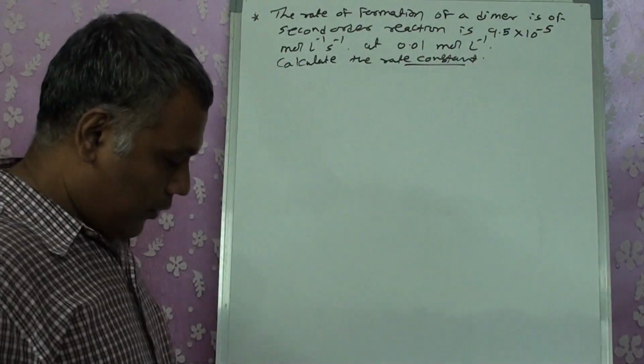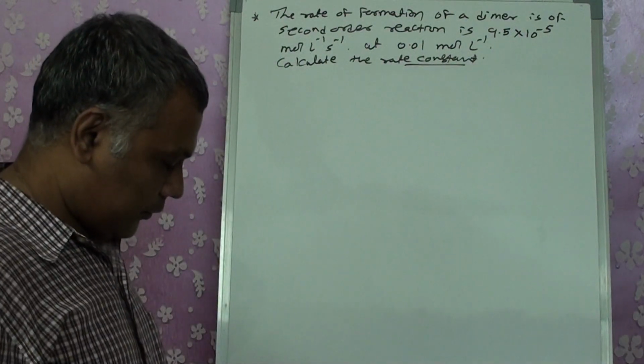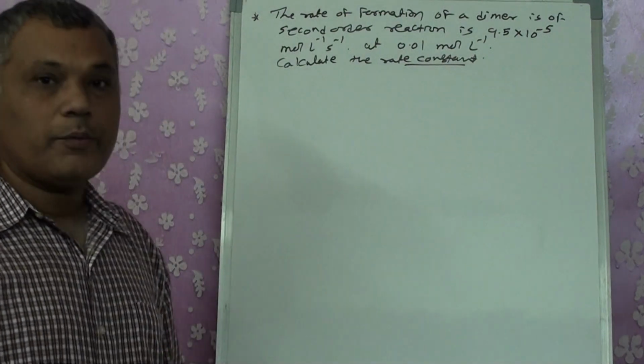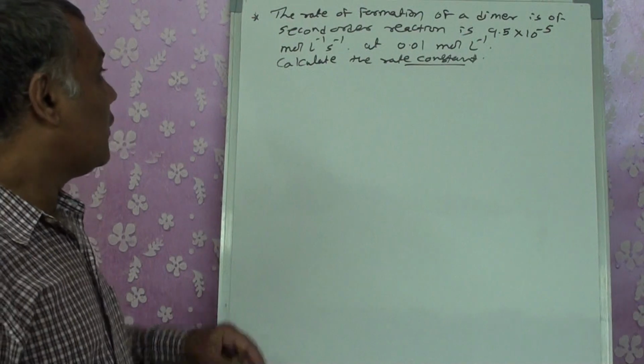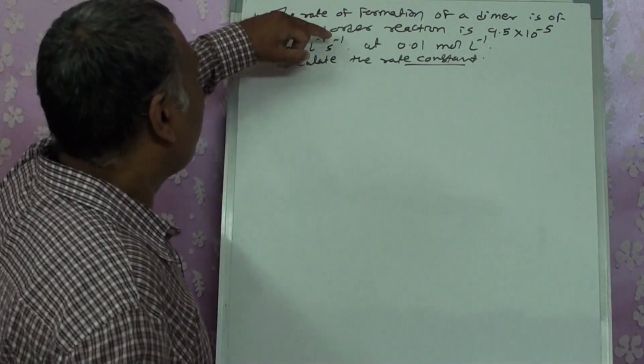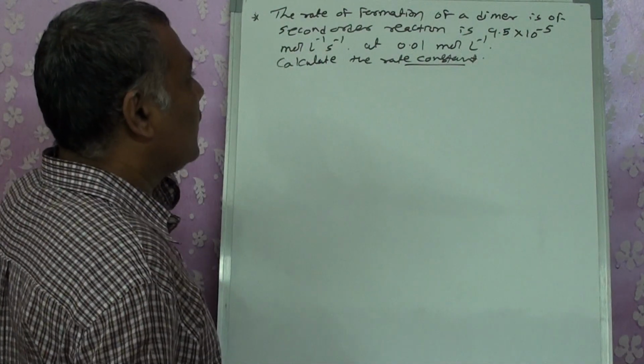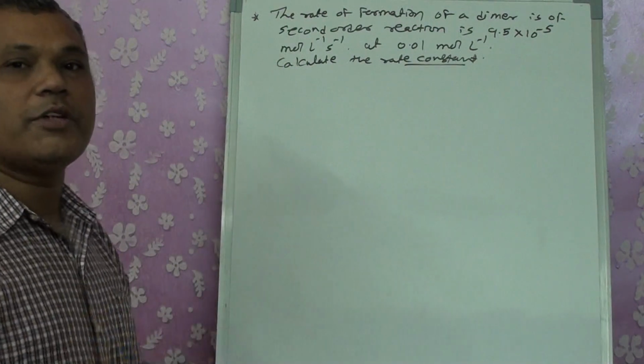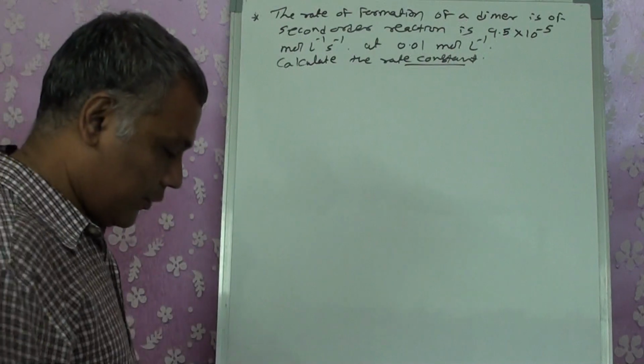Now, the rate of the reaction, the rate of formation, is given to us, and we have been asked to calculate the rate constant. For this case, first of all, let me take an imaginary reaction, because the reaction is not given to us.